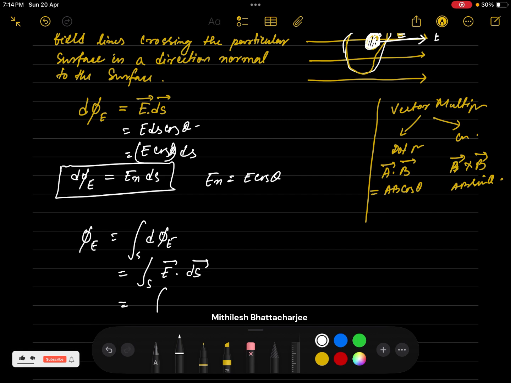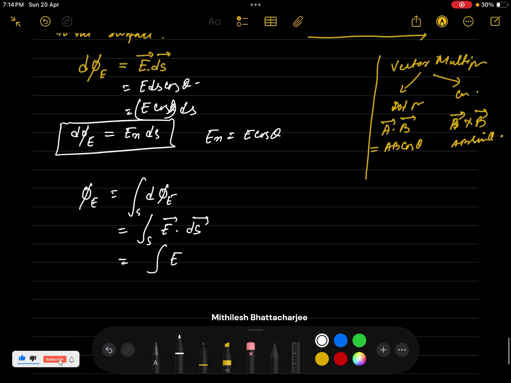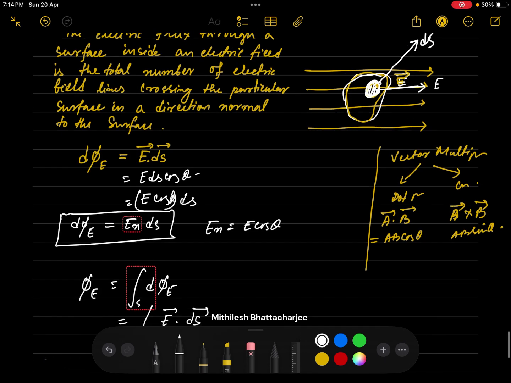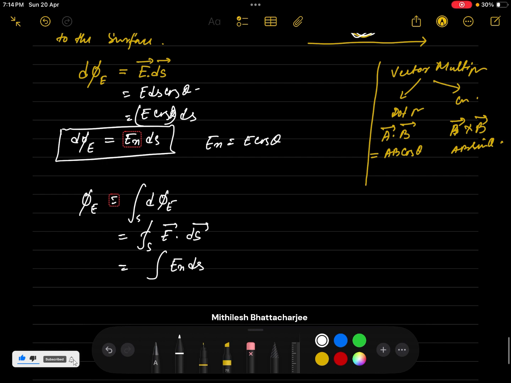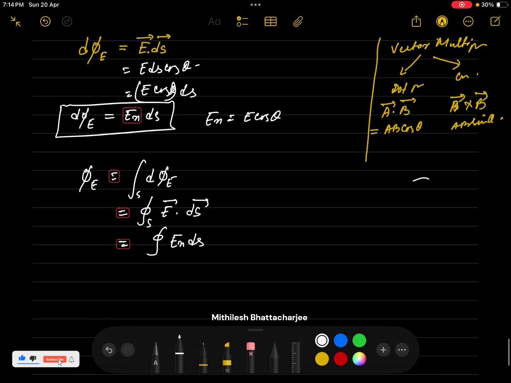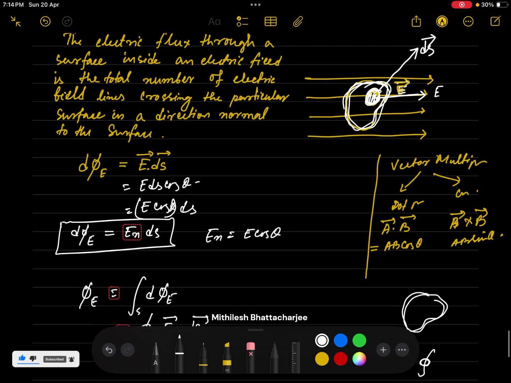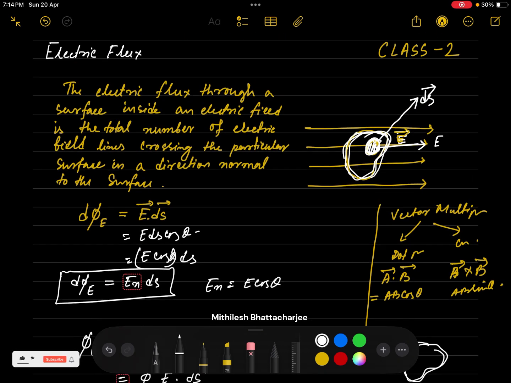Now see, this surface is closed, so we will put the closed integration symbol. Closed integration means the integration over the closed surface. So this is the concept of electric flux.